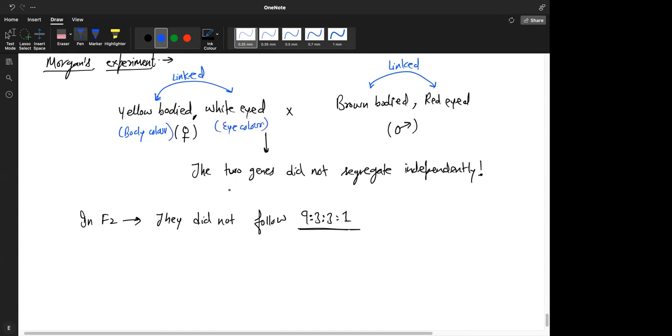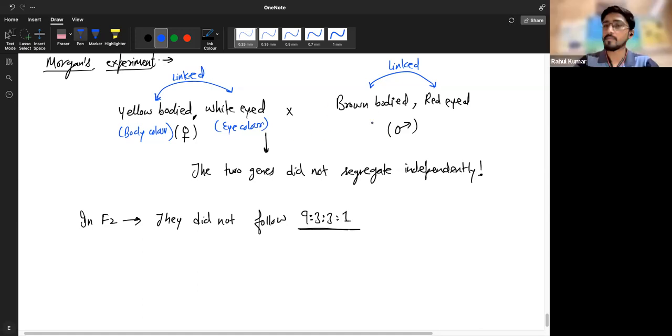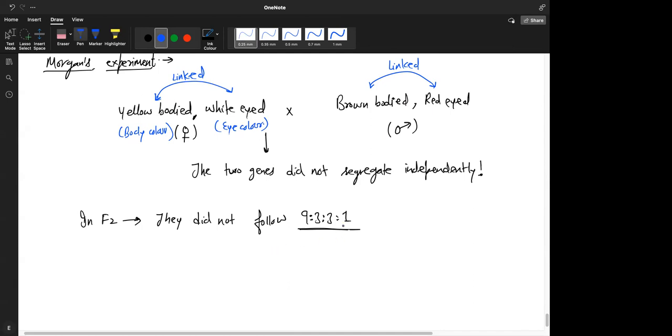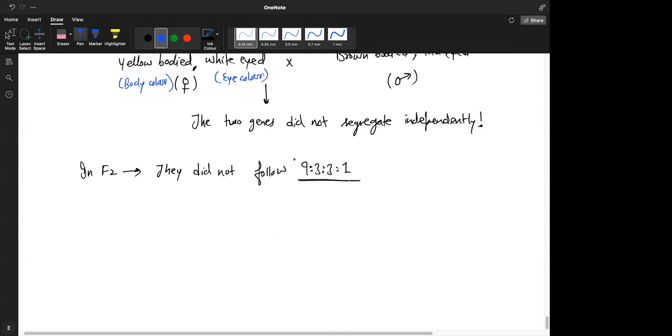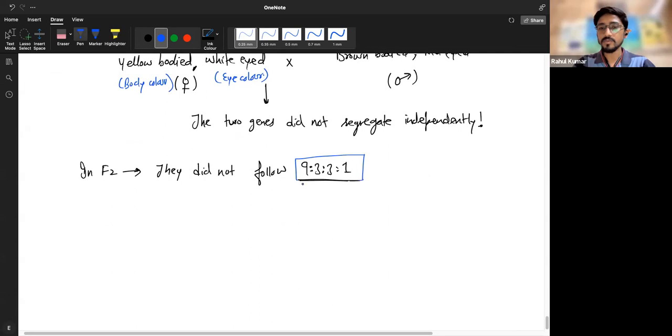Yes, sir. So whatever is the body color, if the body color is brown, then the eye color most of the time was red. Okay. And this then proved that there is linkage between these two genes. If this was not followed, they did not follow 9:3:3:1, which means the percentage of recombinants is very low, which means there is linkage.